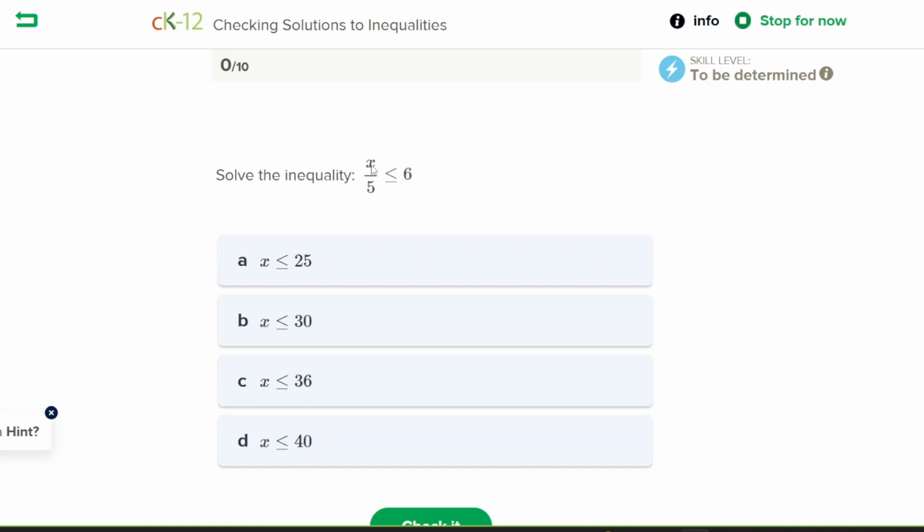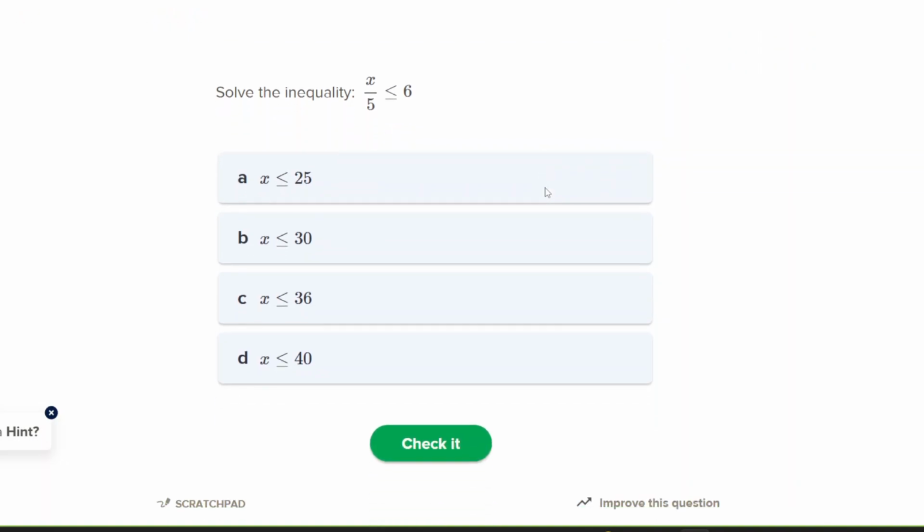So my inequality here is x divided by 5 is less than or equal to the number 6. So what numbers would make this true?